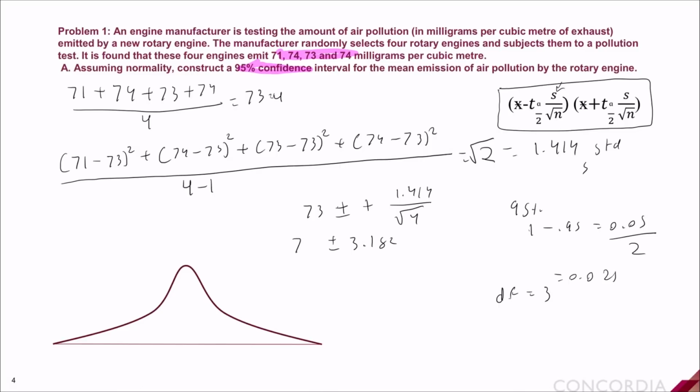I'm just going to rewrite the equation. Therefore our t-value was 3.182, and that'll give us a confidence interval of 70.75 and 75.25, which we can graph.